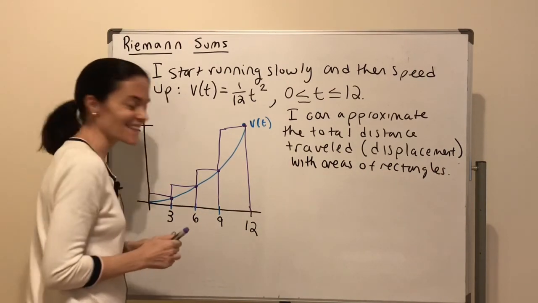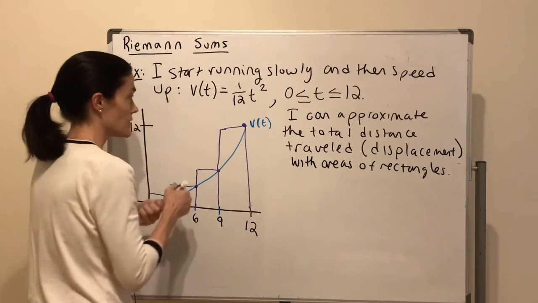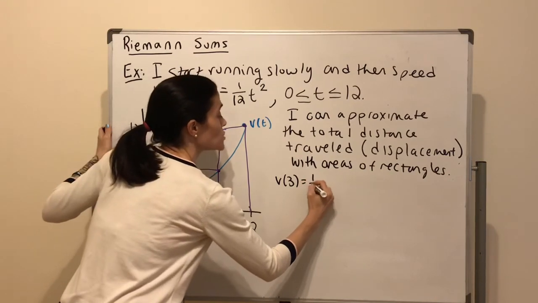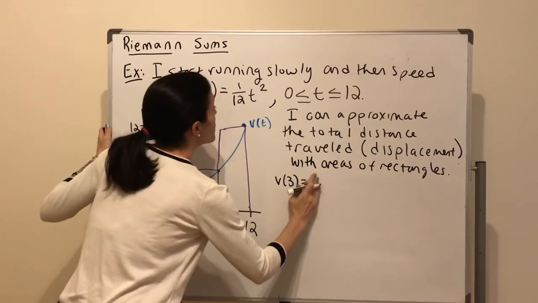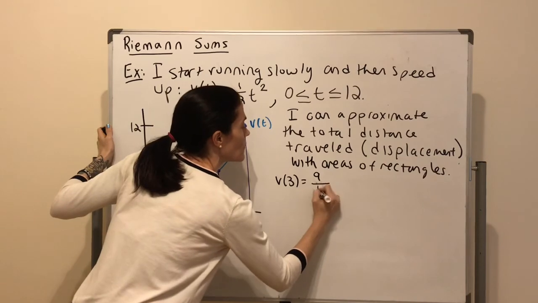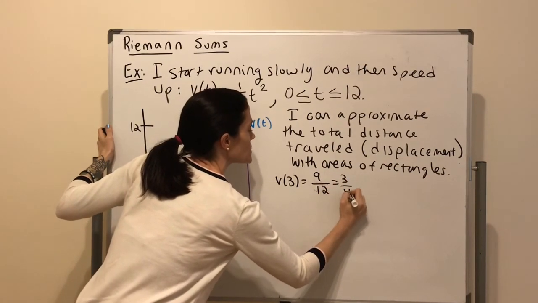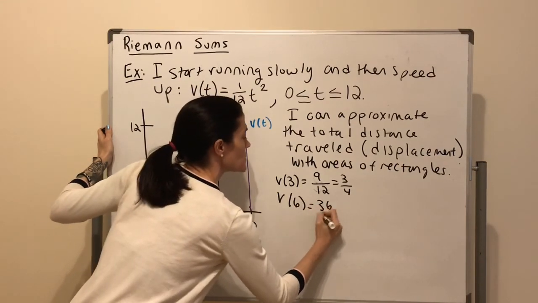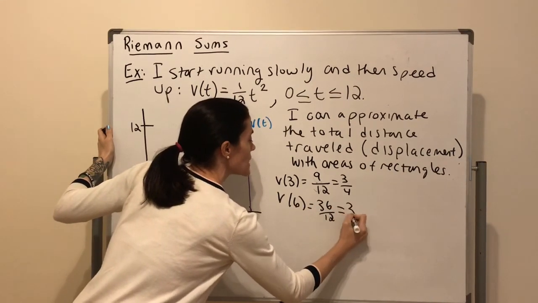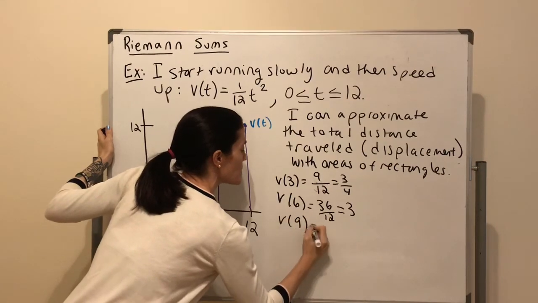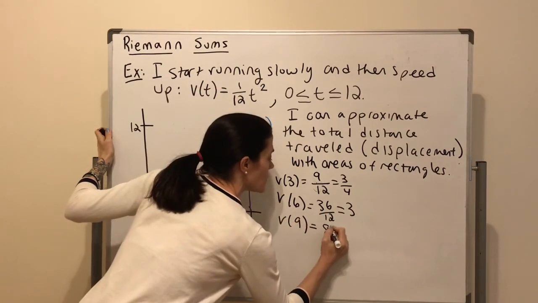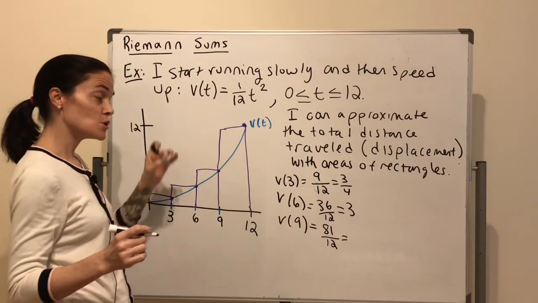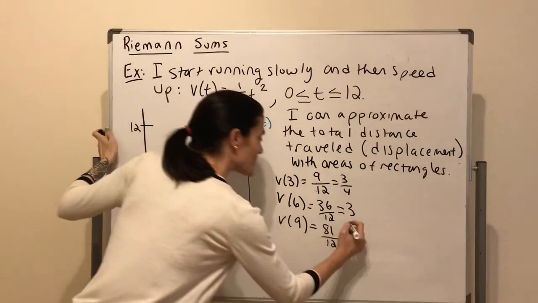So let's calculate these four values now. v of 3 is 1/12 times 9, which is 3/4. v of 6 is 36 over 12, which is 3. v of 9 is 81 over 12, which is 27 over 4.